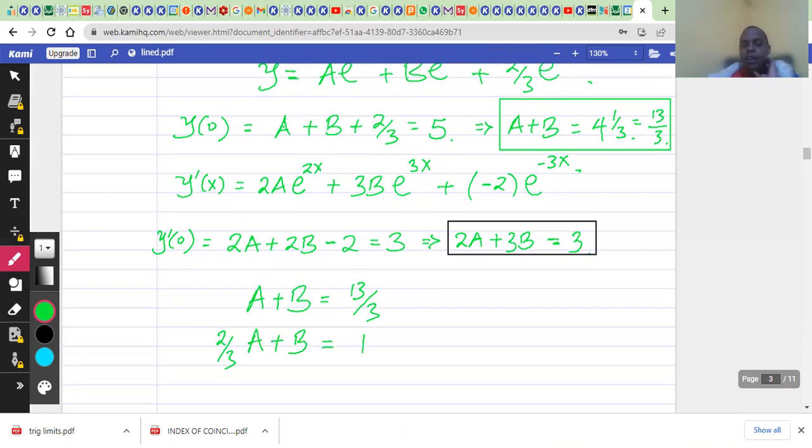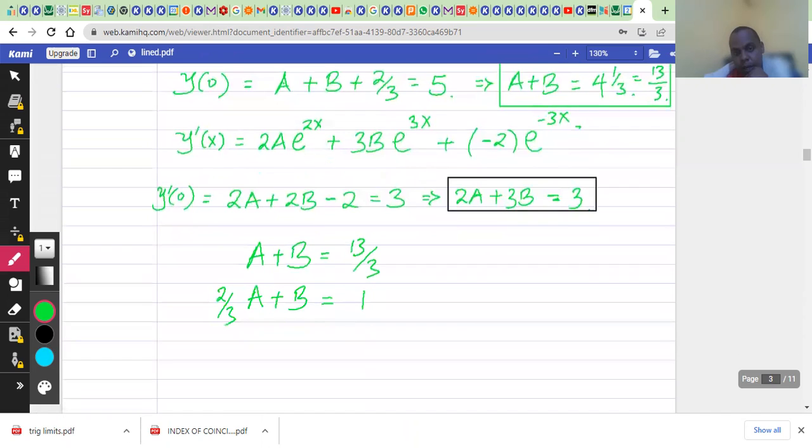I divided the second equation by 3. We could have left it equal to 3 and multiplied the top one. Oh yes, that's another way of doing it. I could have left it like that and then multiplied the top equation by 3.